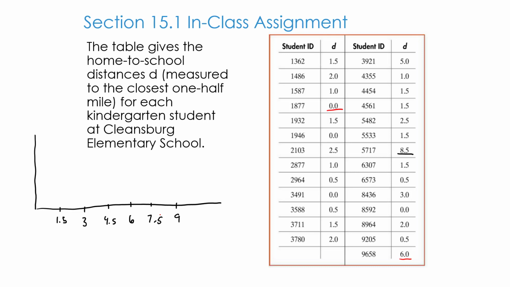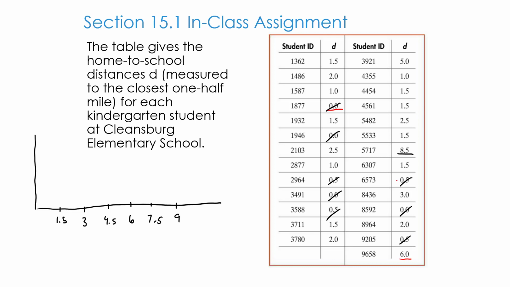So we have 4 zeros, and then we have 4.5s. 1, 2, 3, 4, and so that's 8.